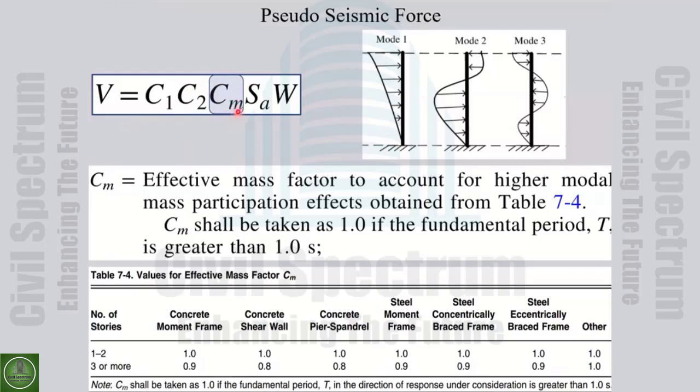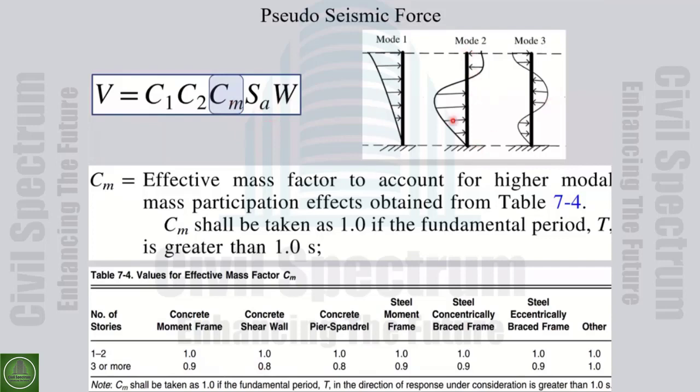Usually the modal mass of the higher modes of the building is important, and that can reduce the displacement too. So sometimes we can use 0.9, 0.8, so 10%, maximum 20%. We let that decrease the base shear and the displacement due to the higher modes.